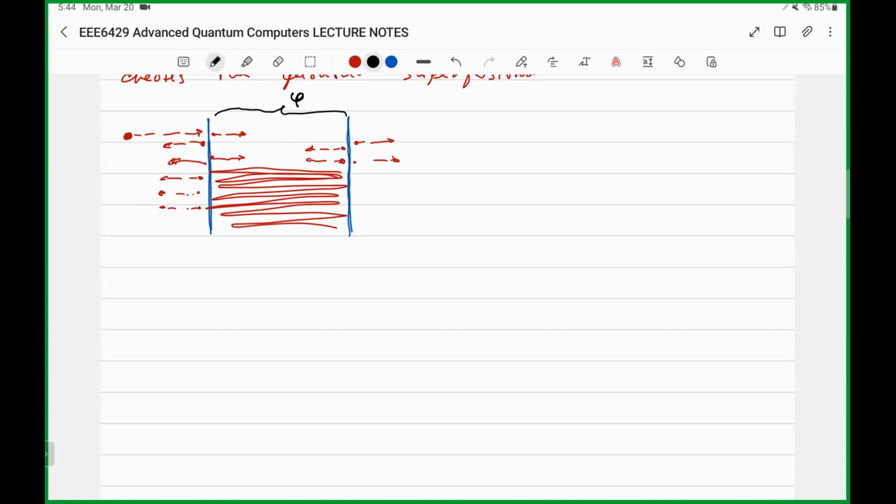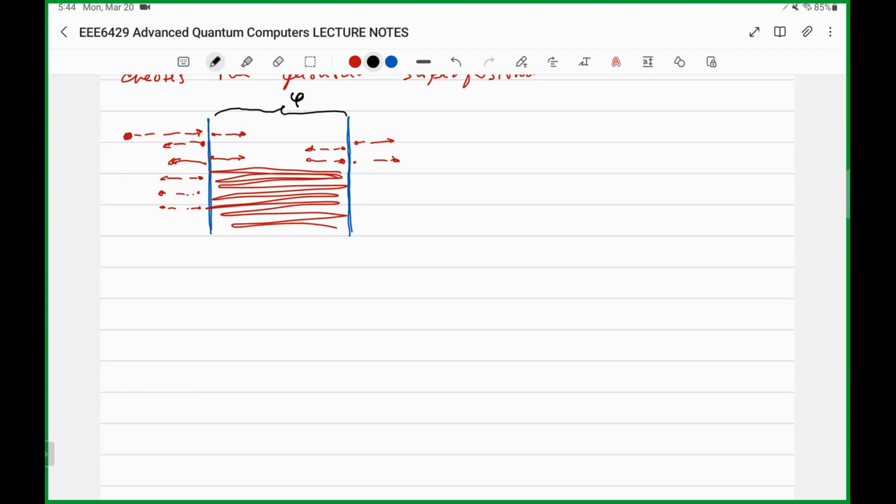Well, it's very easy to understand, because when I change this spacing between two surfaces, the photon requires more or less time to propagate back and forth within this resonator.